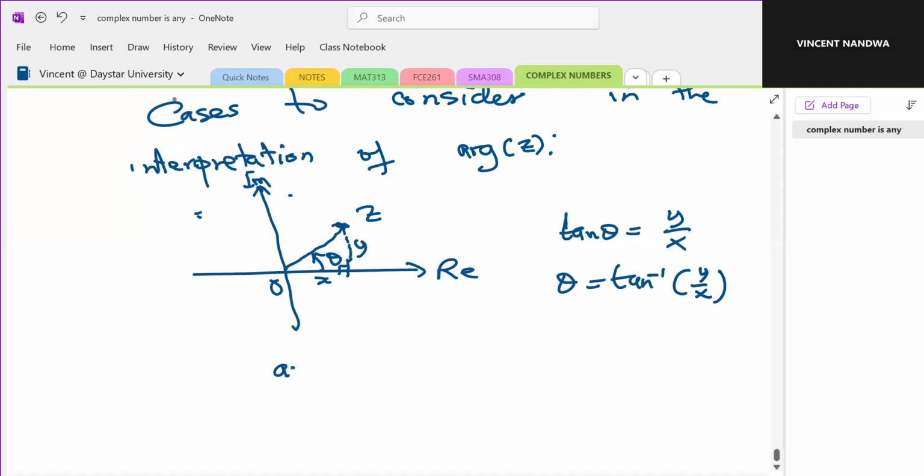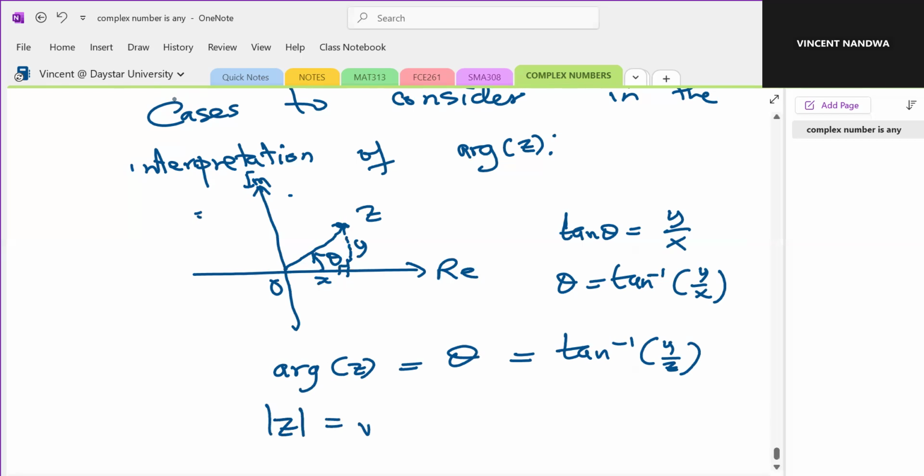So the argument of Z will be the same as the value of theta, which is tan inverse of y over x. And then the magnitude of Z remains the square root of x squared plus y squared. Then we can give an example to illustrate this.